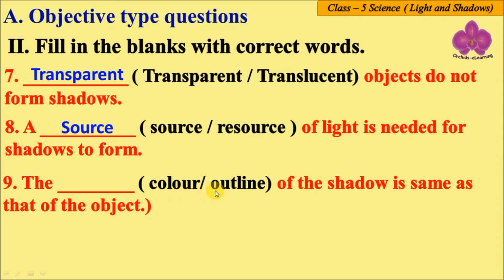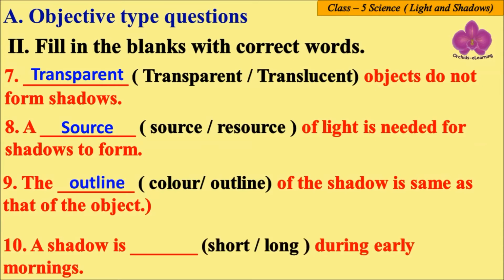Option: color or outline. It is outline. A shadow is dash during early mornings. Short or long? It is long.